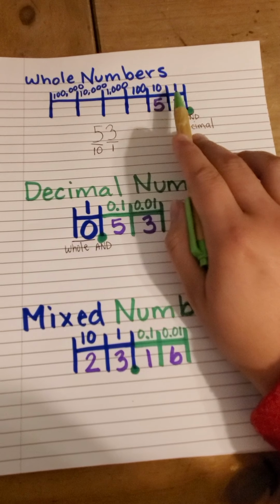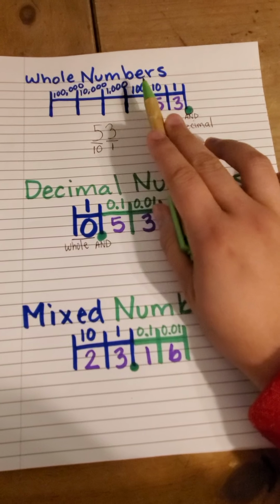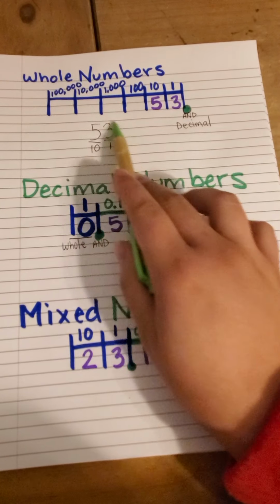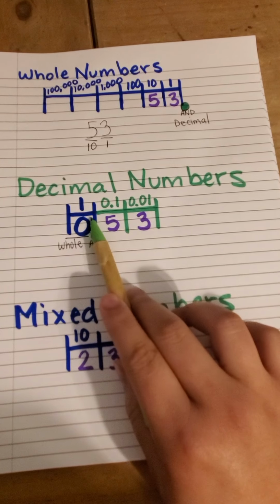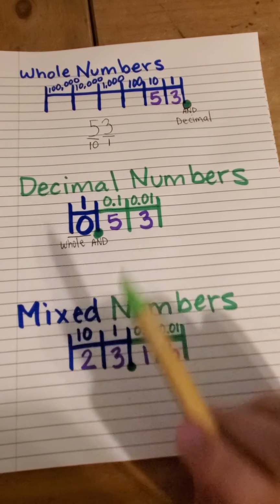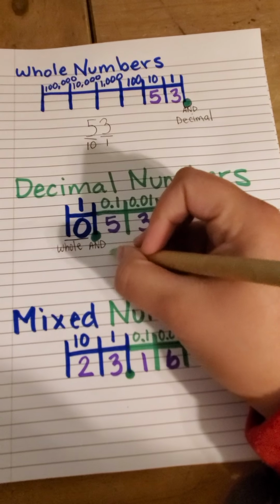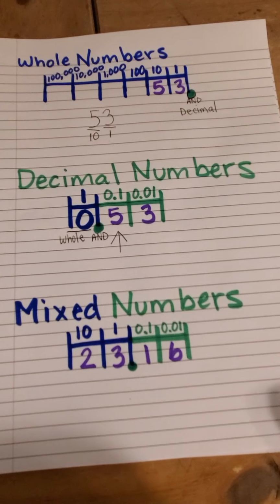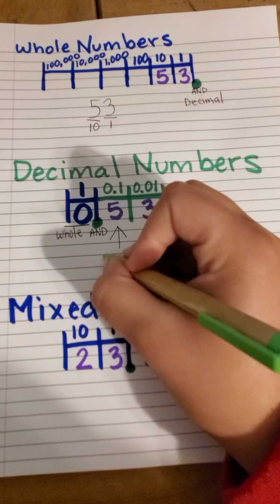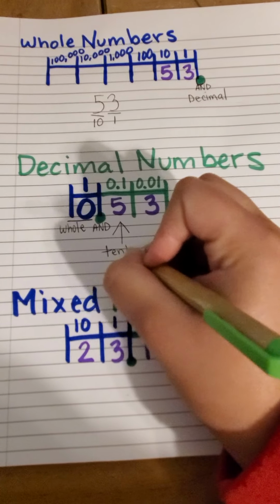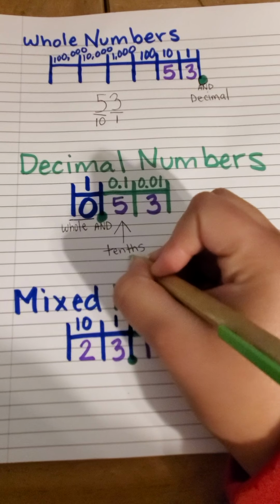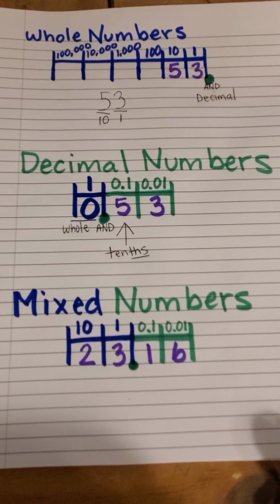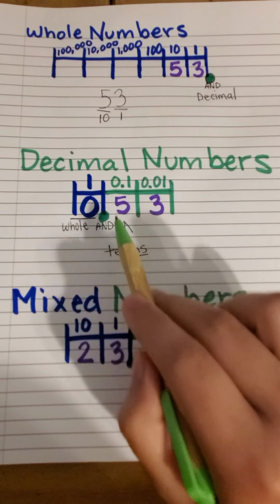So we already learned about the ones place, tens, hundreds, thousands, and so on. Now we're going to go backwards. We're going to look at the decimal numbers. So this place value right here, where the 5 is, that place value is called the tenths, with THS. So that's the tenths place.